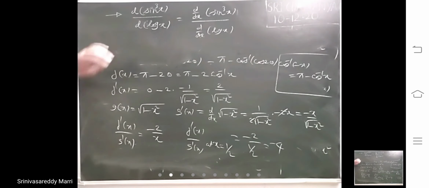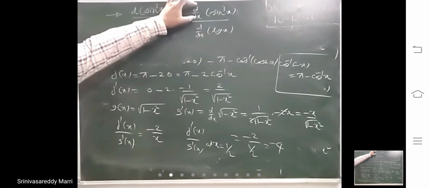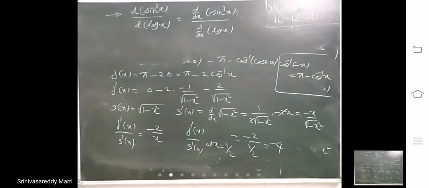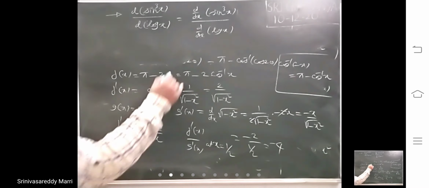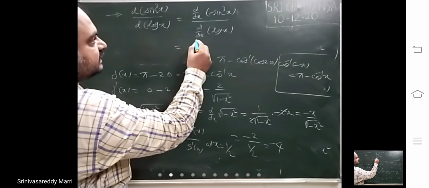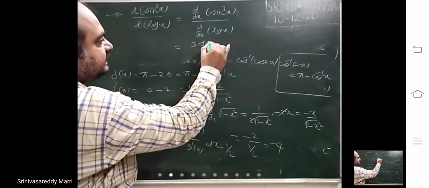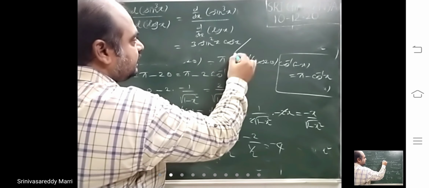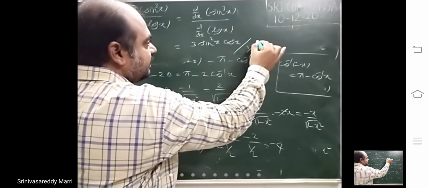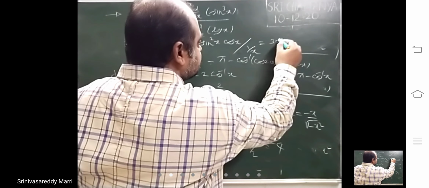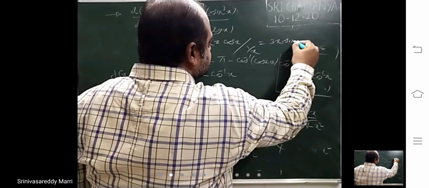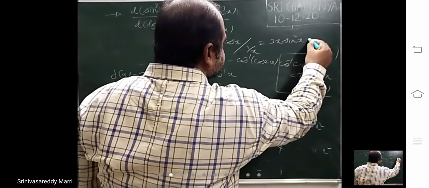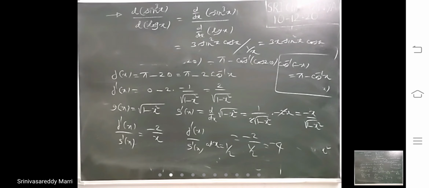His meaning is d of sine cube x divided by d of log x means d by dx of sine cube x divided by d by dx of log x. What is this? Sine cube gives 3 sine square x into cos x, divided by log x, which gives 1 by x. So your required answer is 3x sine square x cos x.